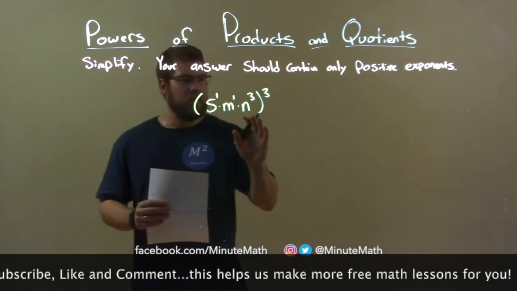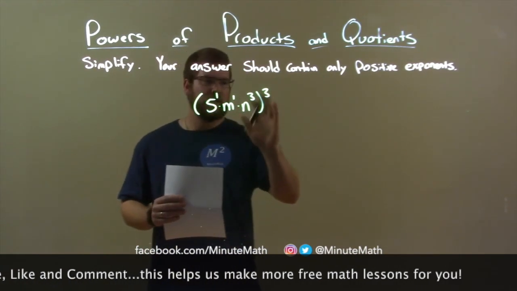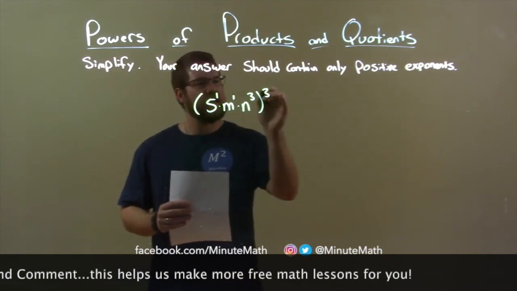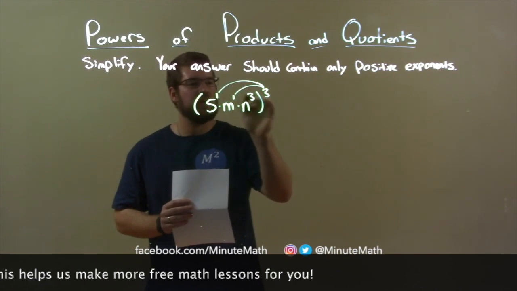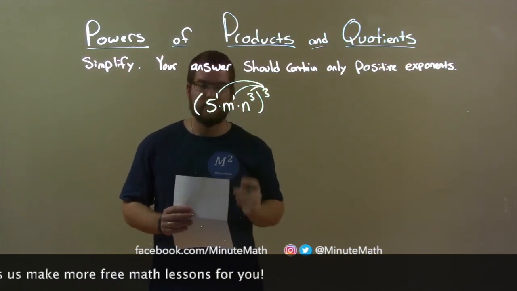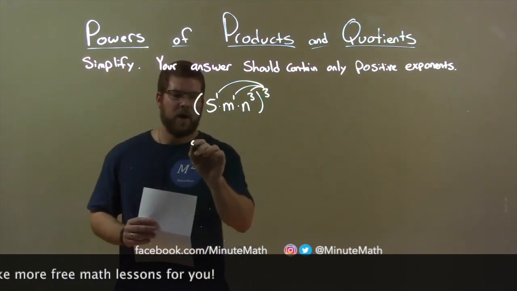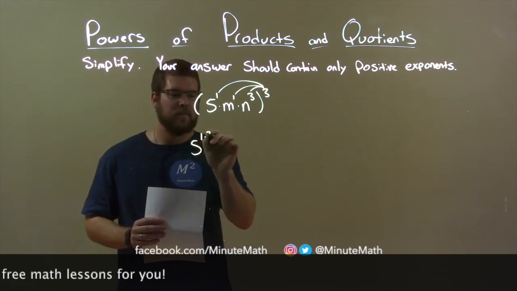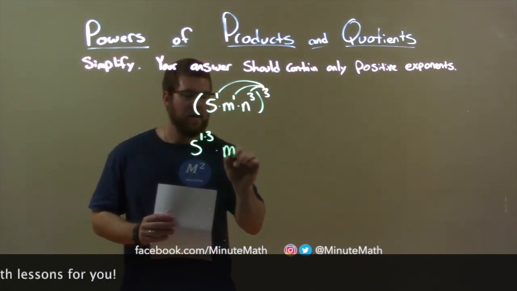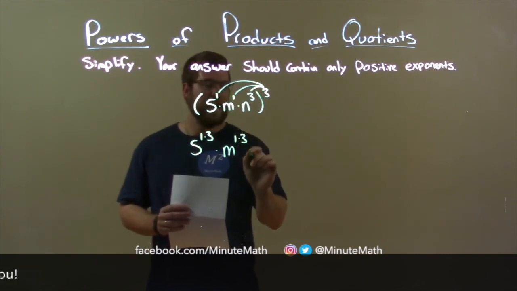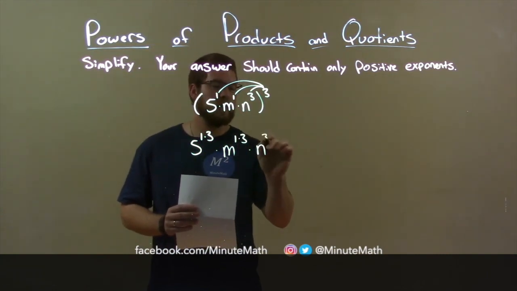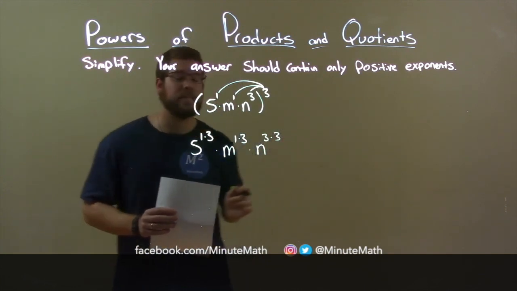To simplify this, since everything in parentheses is raised to the 3rd power, we take this 3rd power and it gets distributed to the exponents of the values inside the parentheses. So 5 now becomes 5 to the 1 times 3 power. M now becomes to the power of 1 times 3. And n is to the power of 3 times 3.